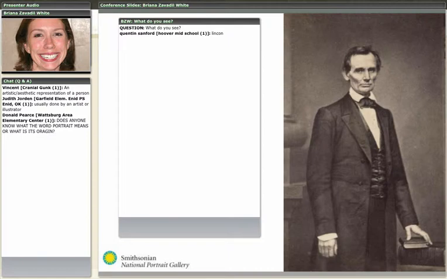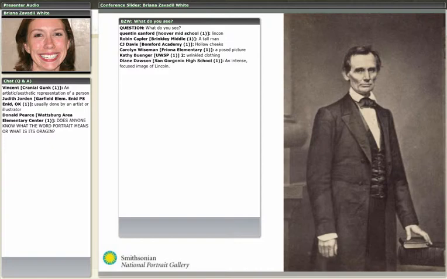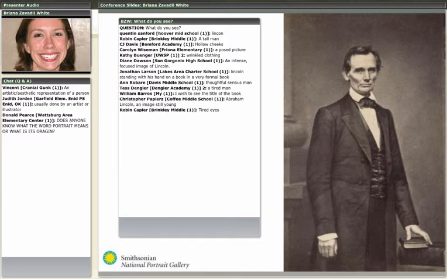So it's a question that I pose to all of you for this portrait, which, as David mentioned, was taken by Matthew Brady, February 27th, 1860. This is the portrait that Lincoln said, along with the Cooper Union speech, made him president. So what do you see? Remember, you need to focus on the visual.